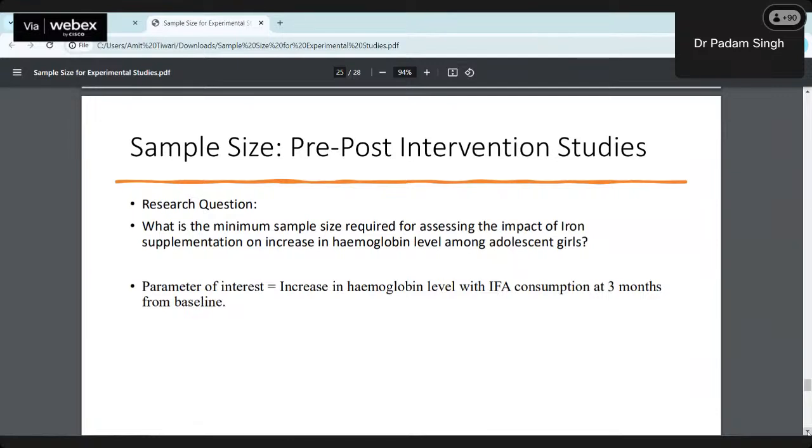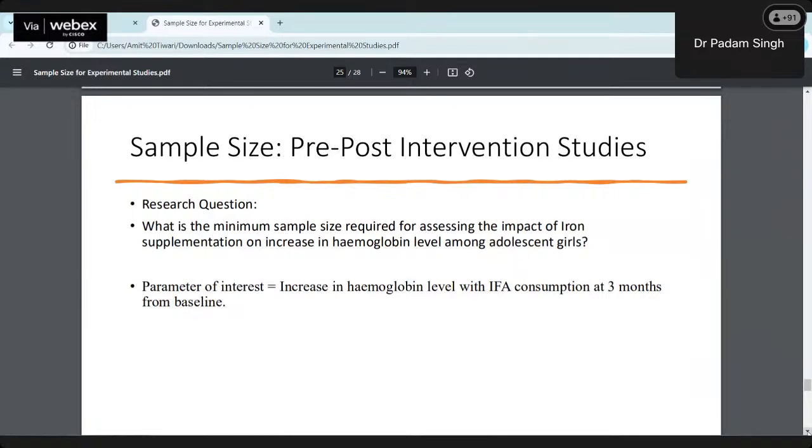Supposing we have to plan a study, pre-post, okay, that to see the effectiveness of IFA supplementation on adolescent girls. This is the research question. Now, what way the sample size is to be calculated? The sample size to be calculated in this situation is, please see, the parameter of interest is increase in hemoglobin level.